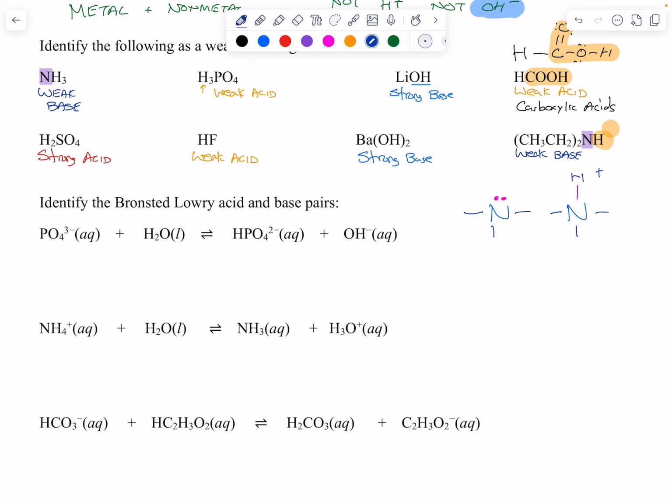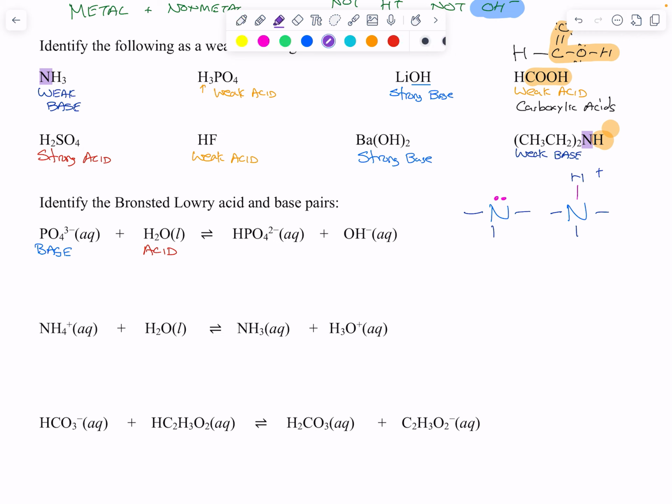So I would say this would be the base, which means water is the acid. Now you might have remembered before, I thought water was a base. Water is something called amphoteric, which means it can be both an acid and a base, because water can accept the proton or donate the proton.